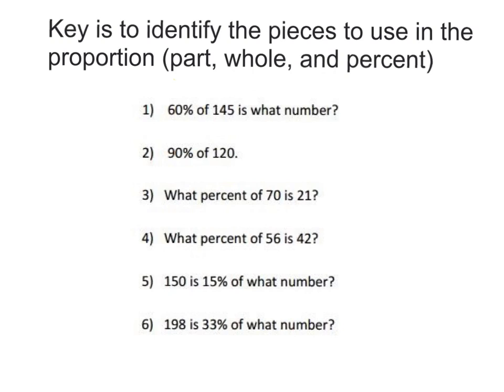So if we look through here, I'm going to identify my parts with this purple, my wholes with the yellow, and my percents with the green. I want to look through each of these 6 questions. The easiest to spot is going to be the percent here. The percent's the easiest to find and identify because there's only 2 ways that it can be shown.